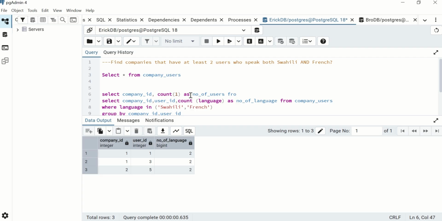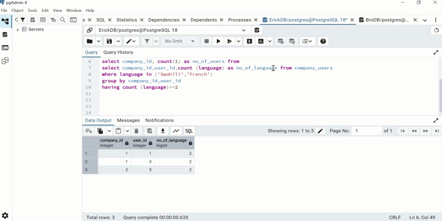From this table, we put brackets around the previous query and alias it, and then we group by company ID.